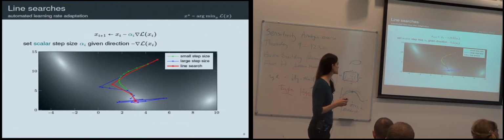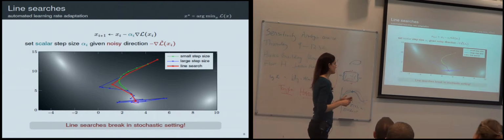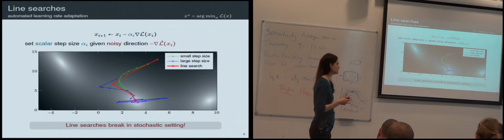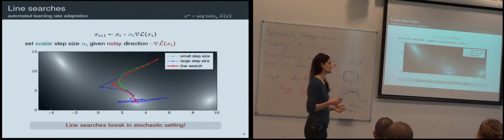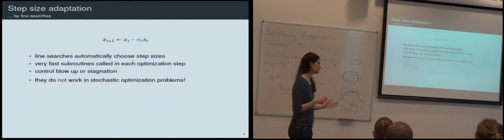Why don't we also use this for stochastic optimization? And it turns out that it just doesn't work there. Line searches have been around for a very long time, basically since BFGS was invented. I don't know how long, but maybe 50 years. But as soon as we have this problem that we only have L hat and not L, we can't use them anymore. So we need a new one.